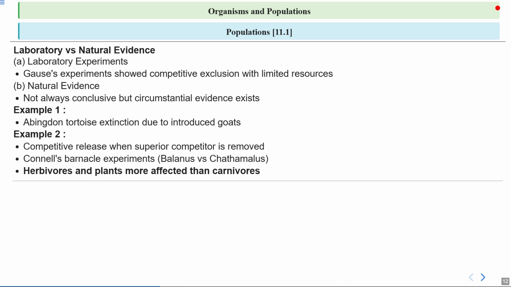Plants, obviously, cannot move, so that's why they are more affected by competition. Herbivores are also affected by competition more than carnivores.